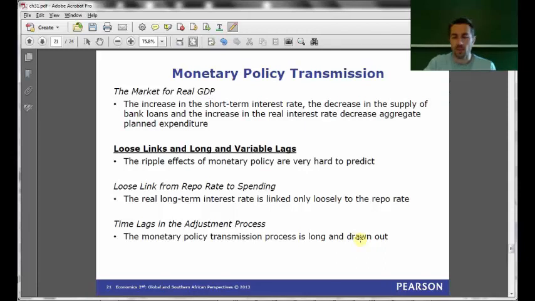So ultimately, whatever happens with monetary policy, it's kind of difficult to predict, because at the end of the day, there's a very loose link between the repo rate and spending in the long run, because we've seen that the Reserve Bank's monetary policy is really just targeted at short-run effects, right?